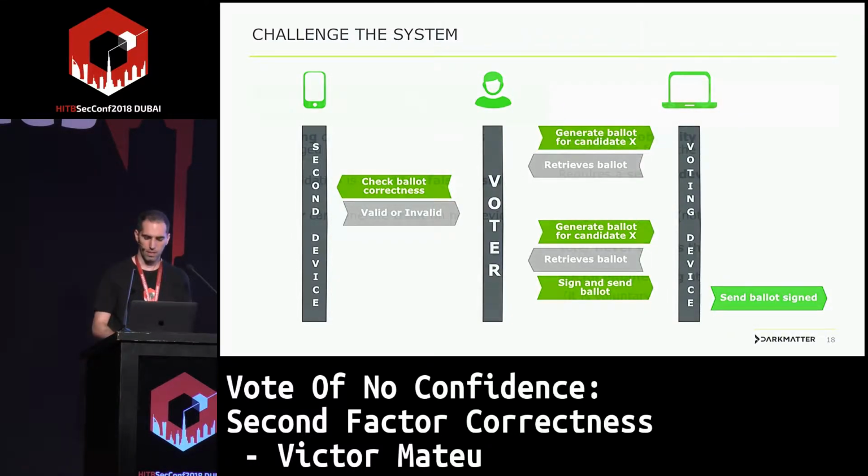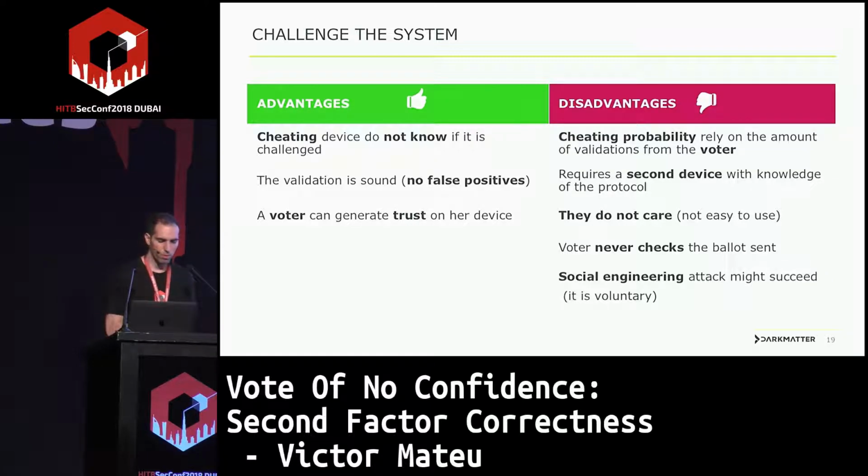So the most interesting advantage of it is that the cheating device does not know if it's being challenged or not. So people who just basically ask for the vote and send it have a, let's say, 50% chance of succeeding, because from the attacker's perspective, the device would at least work properly once, because otherwise at the first test it would fail.